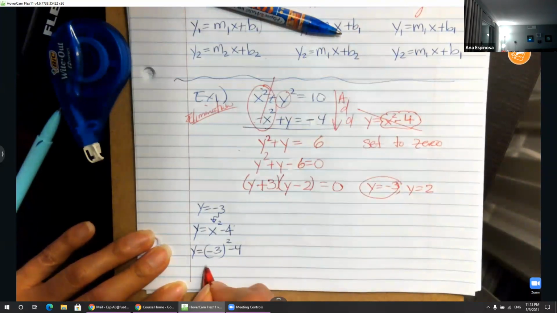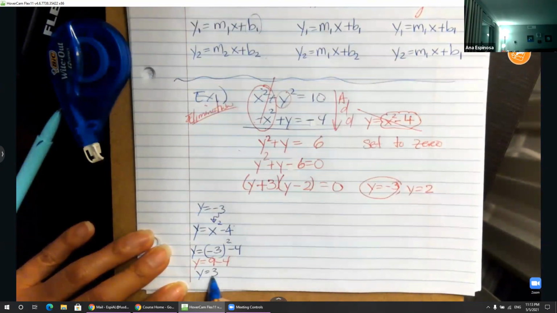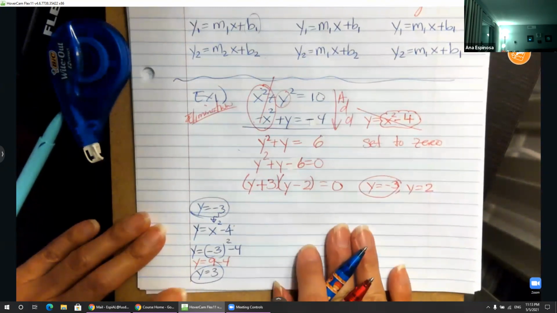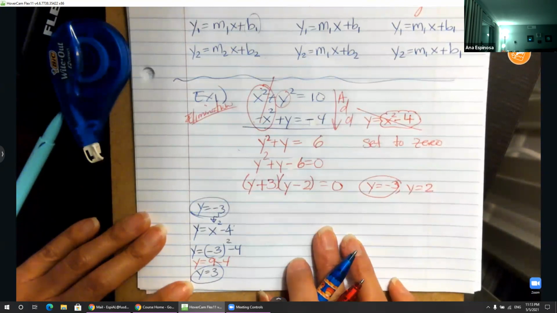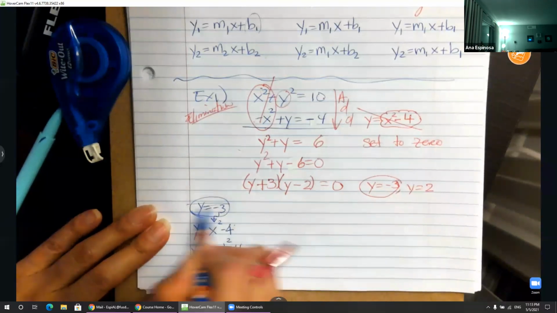Okay, so I get 9 minus 4, which is 3. Why did I change the color? Oh, you know what? I solved for y. I was supposed to solve for x. I don't know why I would do that. Okay, yeah, I got the same thing.